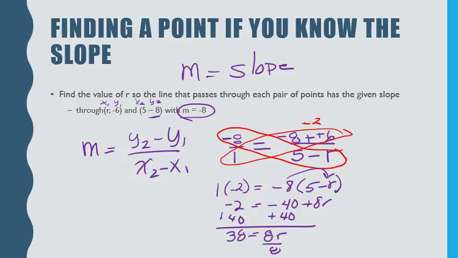And if I divide by 8, I'm just going to reduce that. So 38 eighths, 2 goes into both of those. So 19, that's an 8, sorry. So 19 fourths. Okay, so r equals 19 fourths.